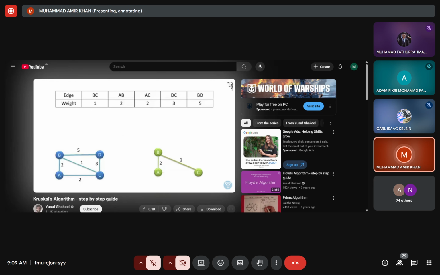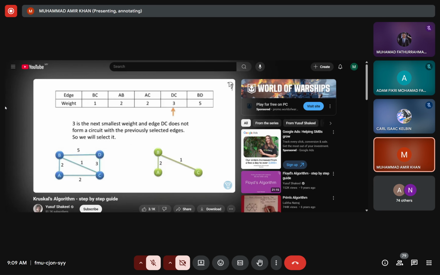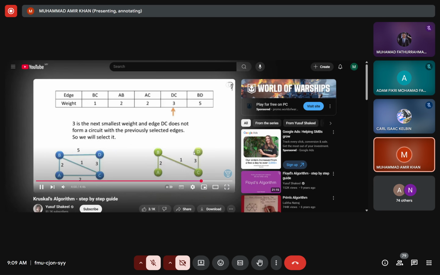Next, DC. 3 is the smallest weight and edge DC does not form a circuit with the previously selected edges, so we select this DC here. Then BD, if you add BD, it will cause a loop.